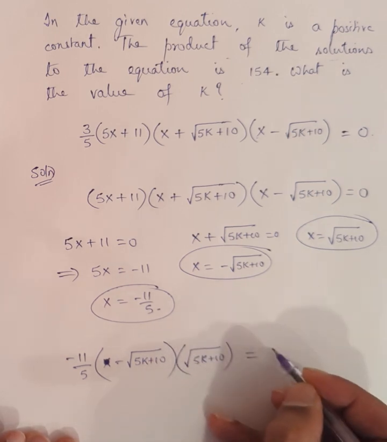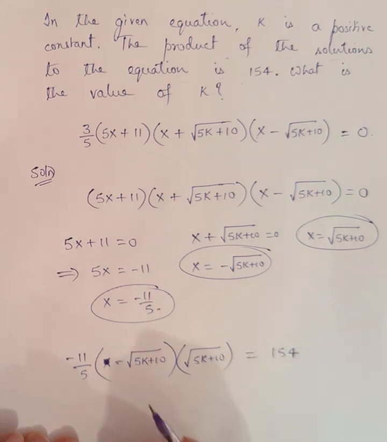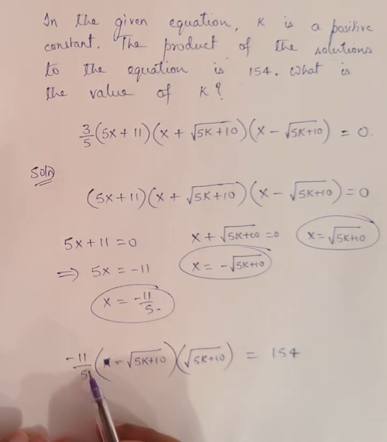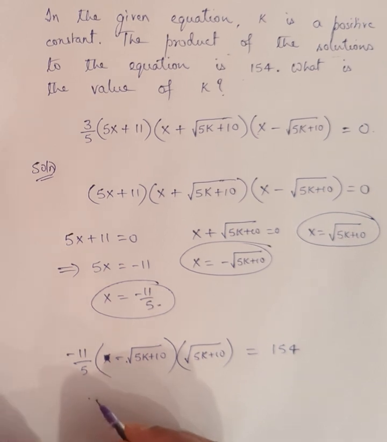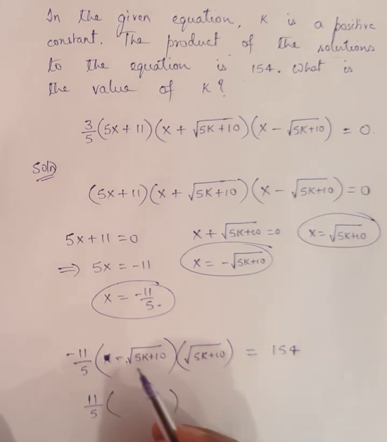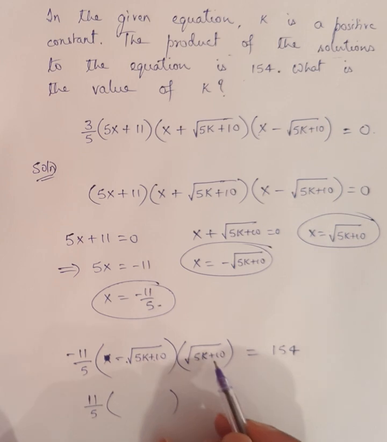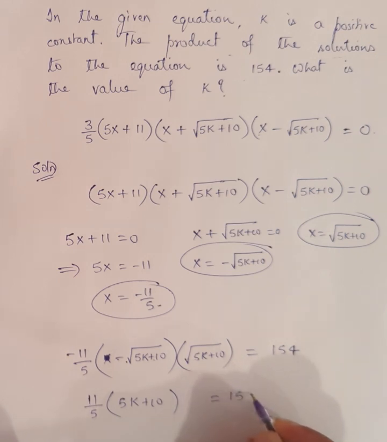So this is equal to 154. Now negative times negative is positive, so I can get rid of those two negatives, and what I have is 11/5. And then notice square root of 5k plus 10 times square root of 5k plus 10 is simply 5k plus 10. So this is equal to 154.